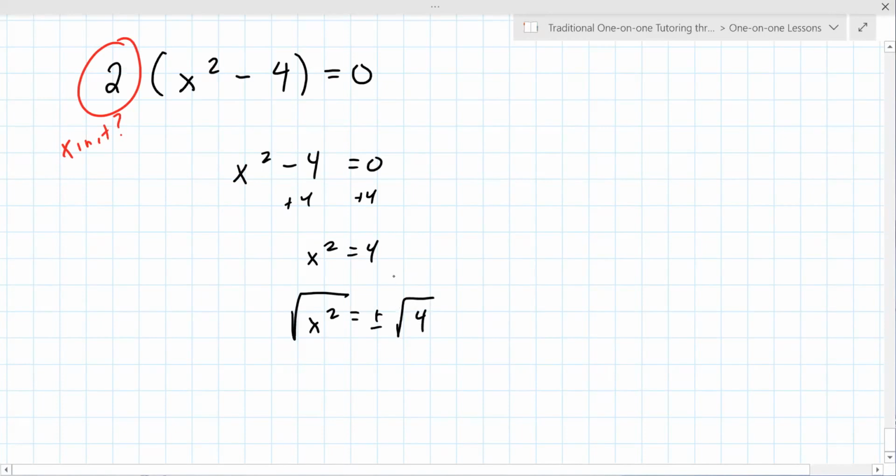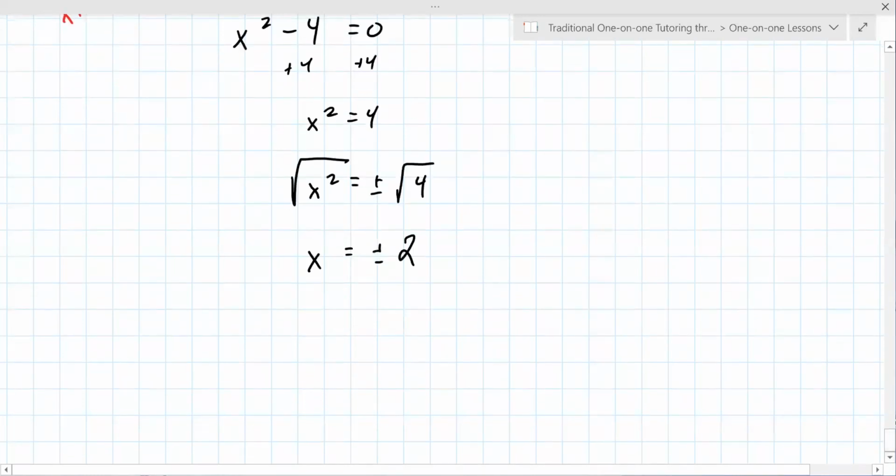Is it friendly or not? Yes, 2. So then it would be 2 or minus 2. Can I just leave it as x equals plus or minus 2? For me, it's fine. Ask your instructor what they want.